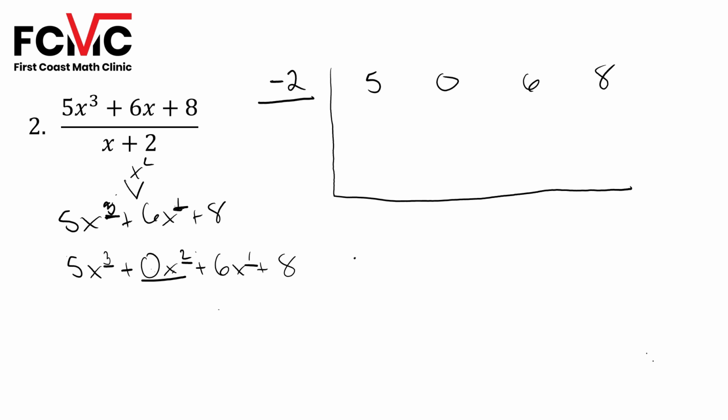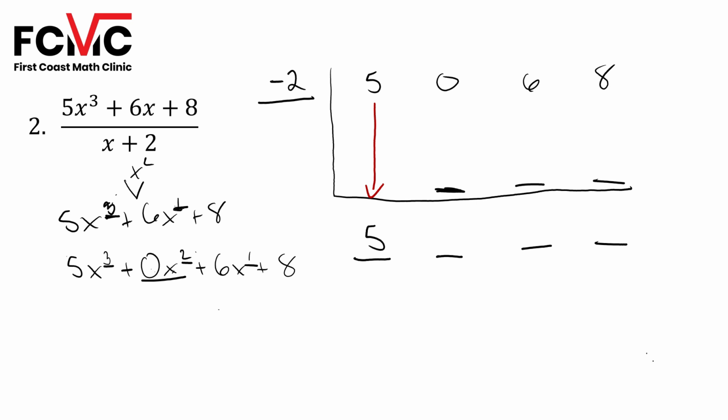Okay, so remember we need a term here outside of our box underneath our first term, and then we need a term inside and outside underneath each remaining term. So let's start with this 5. We're going to bring that 5 all the way down. So that 5 is going to go right here.